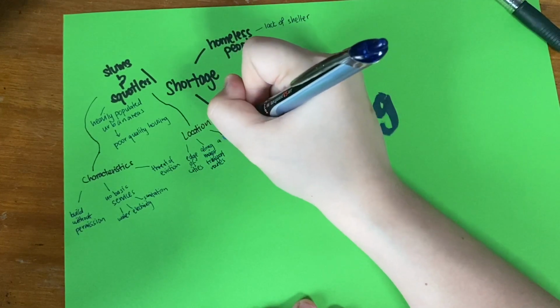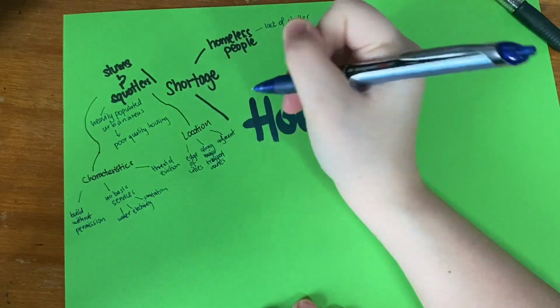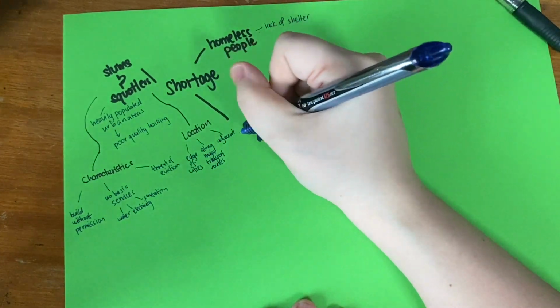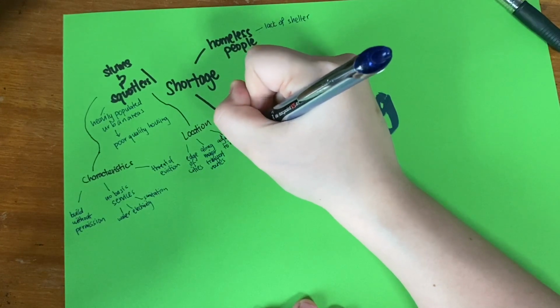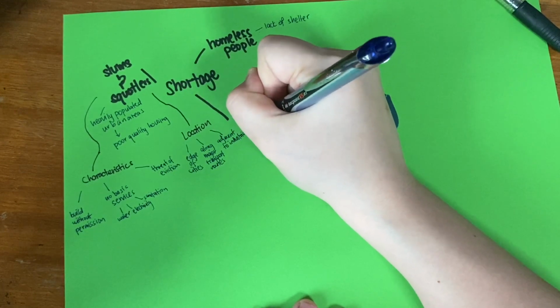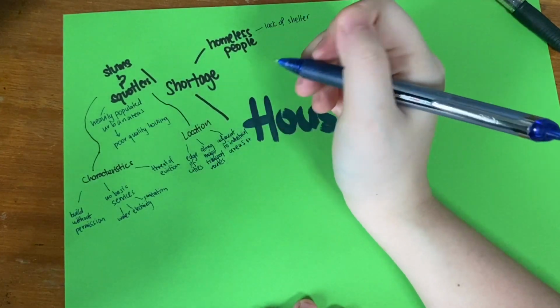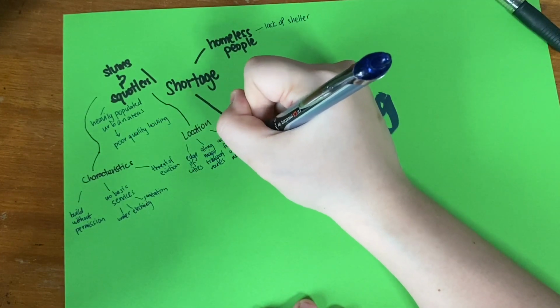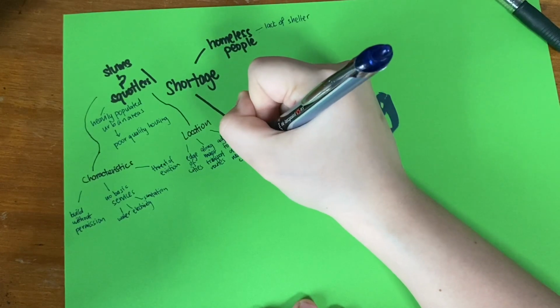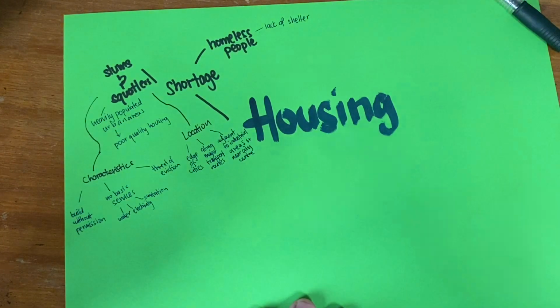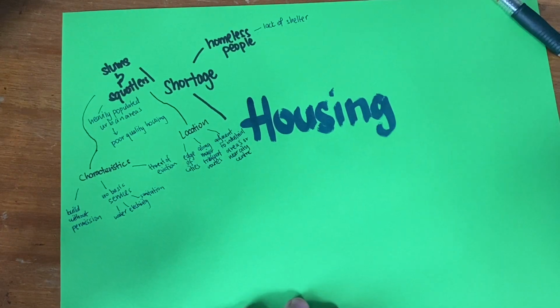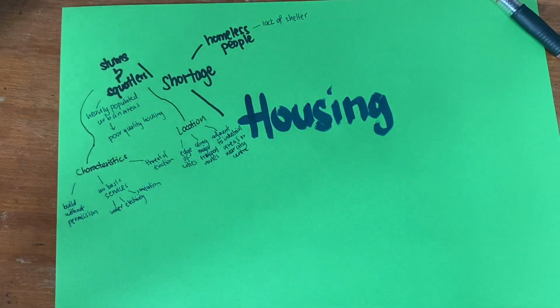Likewise, it is found adjacent, or next to, industrial areas, or near the city center. So this is where you will find your slums and squatter settlements. Well, I guess that's all for slums and squatter settlements.